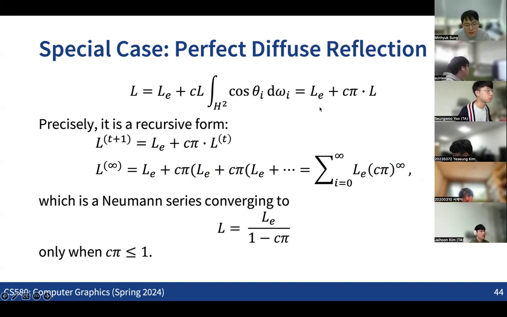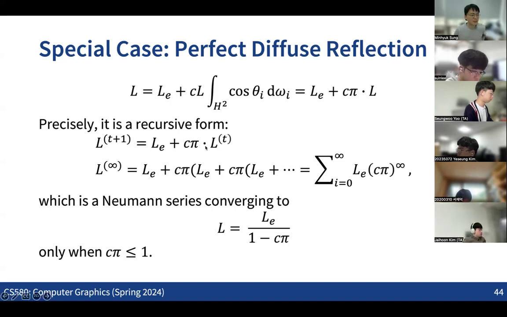Here, one important thing is that while we had this discussion of the equation, it is actually a recursive form, which means we need to think about how the L is being updated for every single iteration.